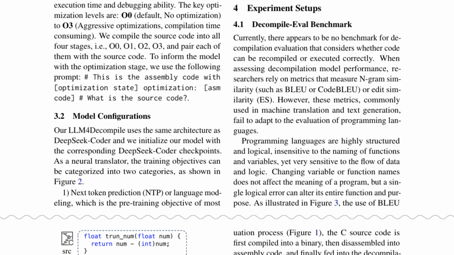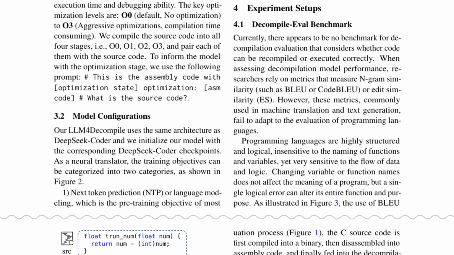However, these metrics, commonly used in machine translation and text generation, fail to adapt to the evaluation of programming languages. Programming languages are highly structured and logical, insensitive to the naming of functions and variables, yet very sensitive to the flow of data and logic. Changing variable or function names does not affect the meaning of a program, but a single logical error can alter its entire function and purpose.